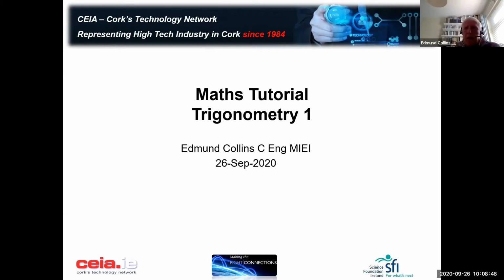One I'm quite happy with and in favour of would be the Khan Academy website, and that covers not only mathematics but physics, chemistry, and so on. And they have some good tutorials on geometry there. For example, the proof that the three angles in a triangle equal 180 degrees.